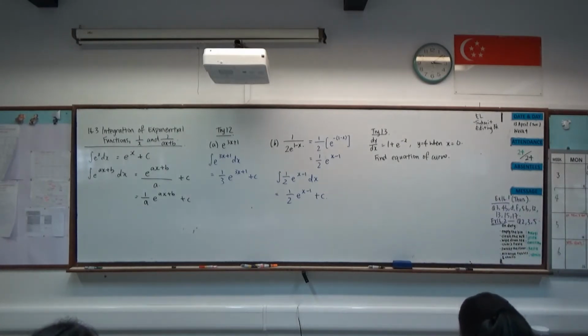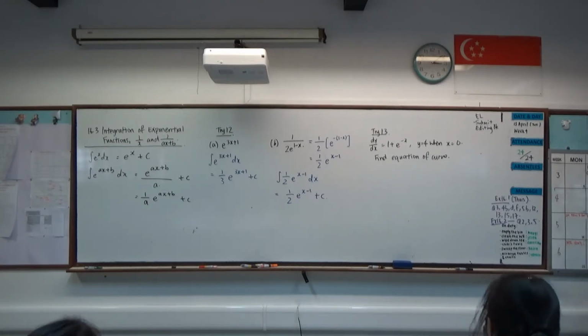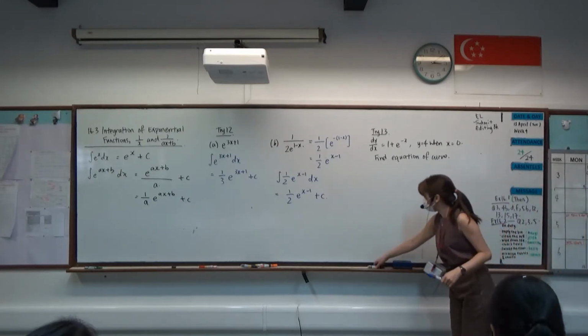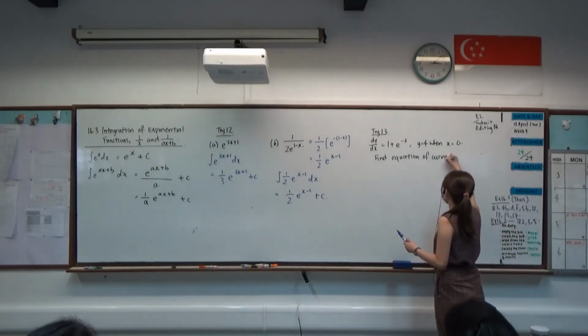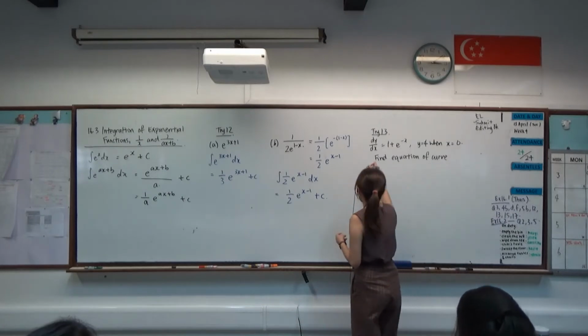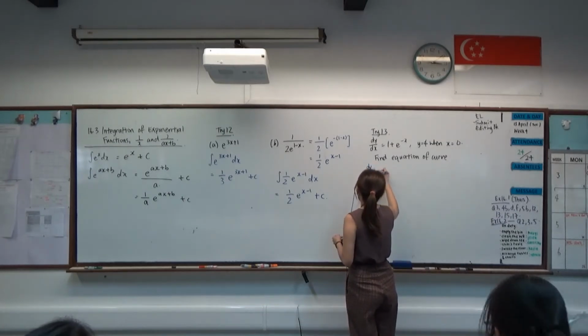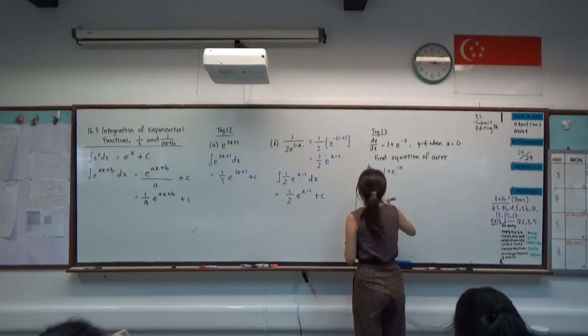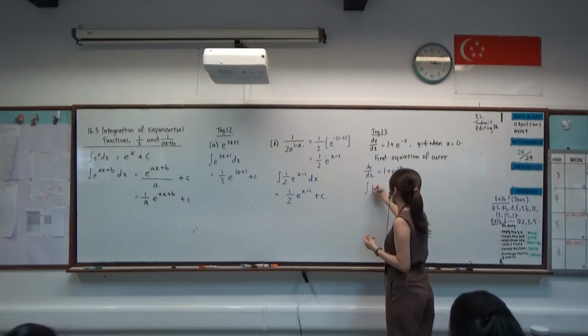Taking a look at try 13, we are given that dy over dx is equals to 1 plus e to the power of negative x, and also y is equals to 4 when x is equals to 0. We want to find the equation of the curve. So that tells us that we have to first integrate 1 plus e to the power of negative x.